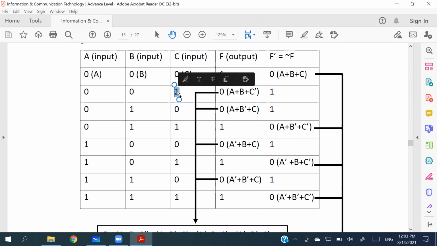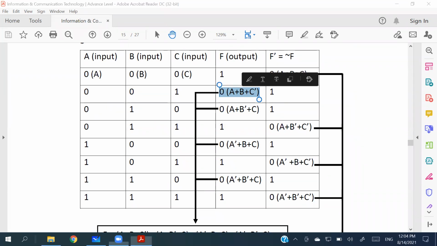So we have to derive the sums first, then those terms can be arranged as a product. So from these zeros, we are going to produce the sums. Because of that, we write this as A plus B plus C bar. Okay, people, is that clear? All right, good, very good.